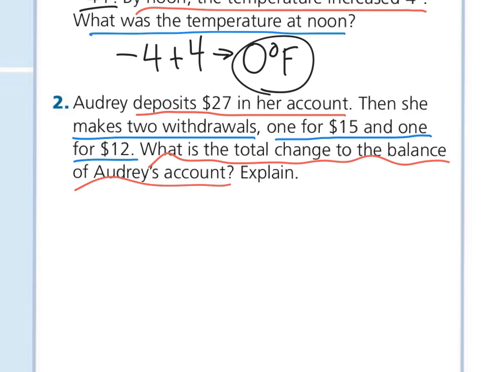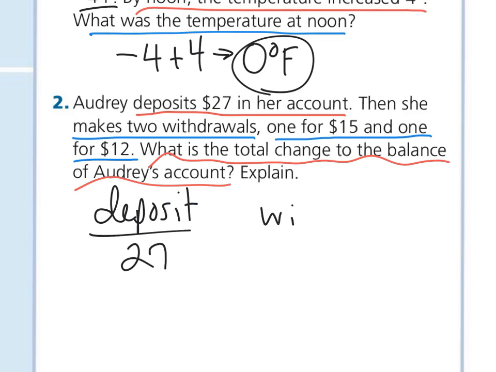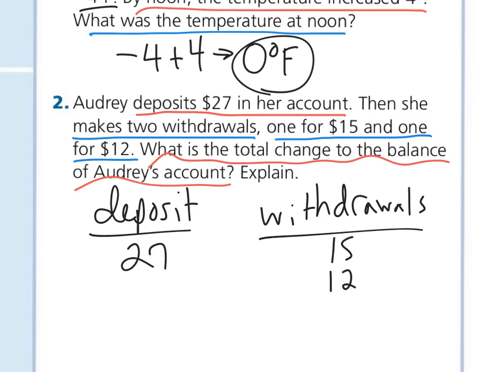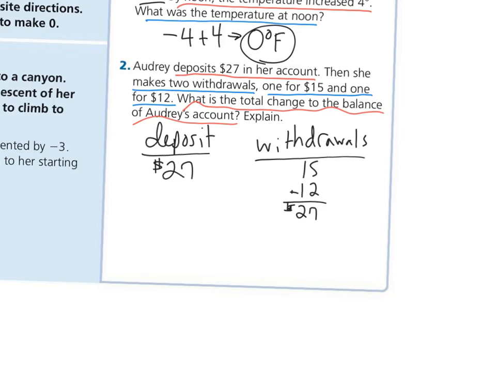So one thing we can do is just look at our deposits. There was only one deposit and it was $27. Our withdrawals, we had withdrawals of $15 and $12. So that's $27 altogether. If we put $27 in and then we take $27 out, altogether our total change is 0, or $0, or you can say there's no change.